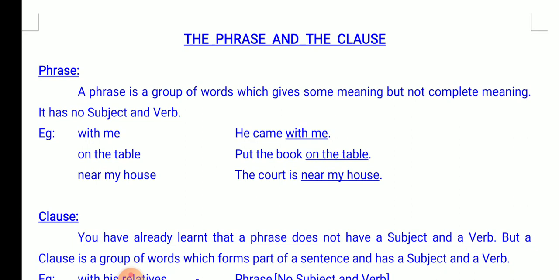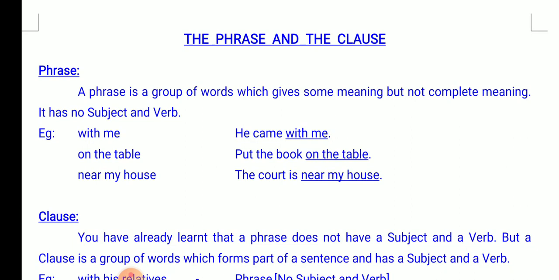What is a phrase? A phrase is a group of words which gives some meaning but not complete meaning. There are two things that you have to remember about this definition. One is a group of words. A phrase must be a group of words.